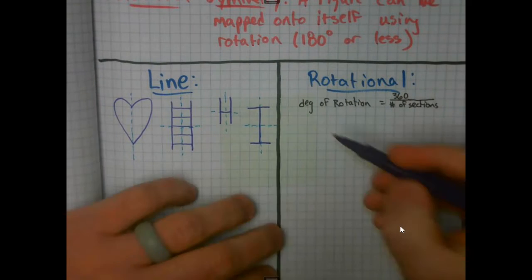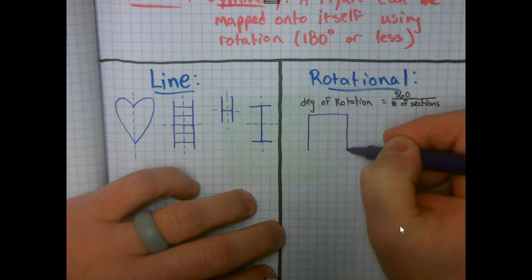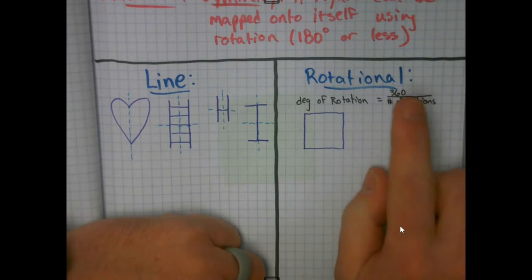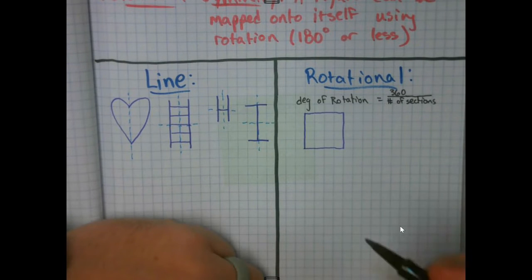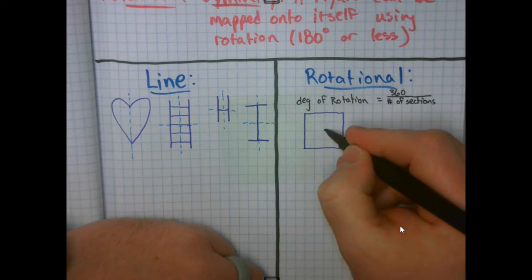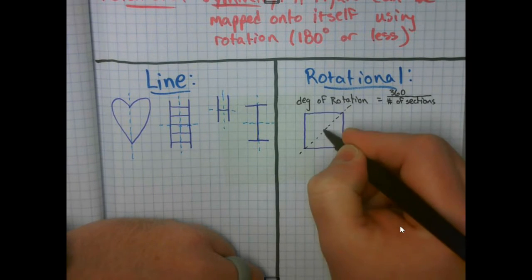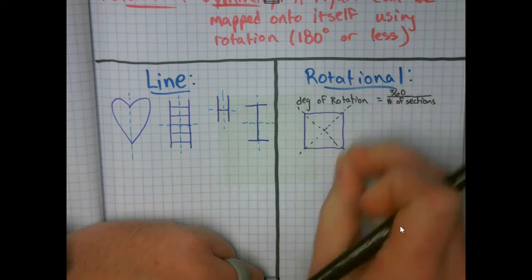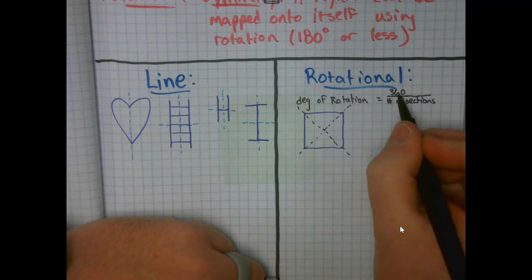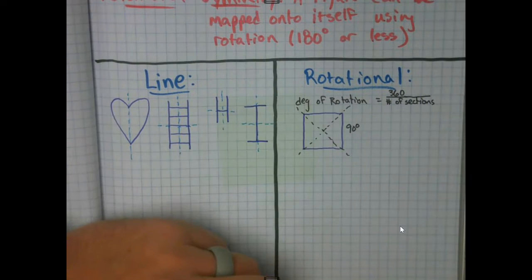For example, a square has rotational symmetry, and in order to find the degrees of rotation, you need to split it up into equal sections. You start in the middle, and all my sections have to be identical, or it's how many times it repeats. So here it repeats 1, 2, 3, 4. So I'm going to take 360 divided by 4 and get 90 degrees. So this square has 90 degrees of rotation.